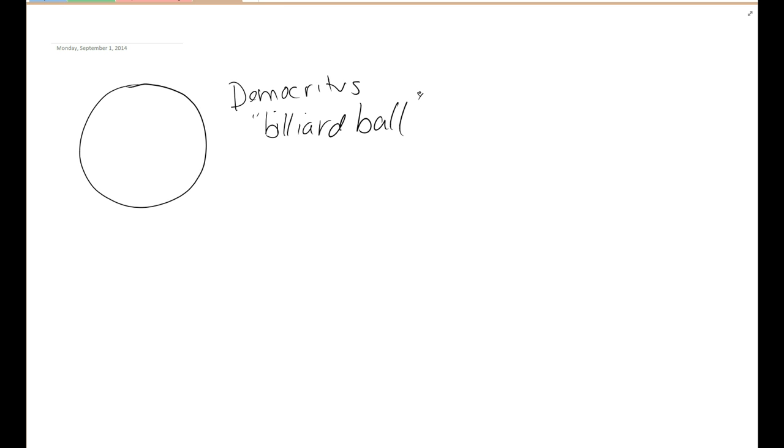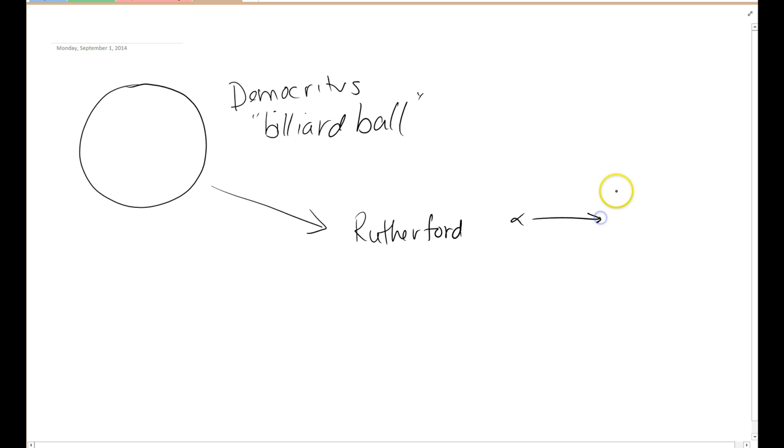Following that, a little bit later on, we start discovering the parts of the atom, and you see things like Rutherford's gold foil experiment, where he fired alpha particles at a sheet of gold. The result that he expected was based on prior models, which I guess I should do first: J.J. Thomson, or the plum pudding model.